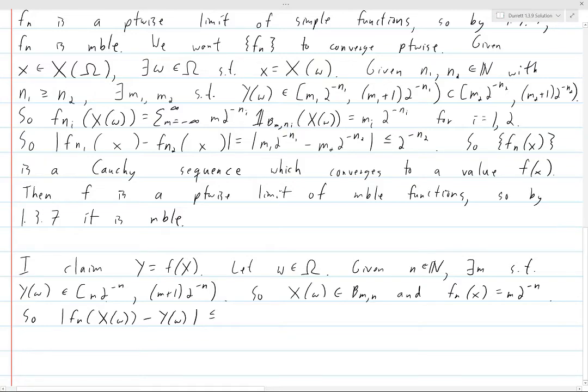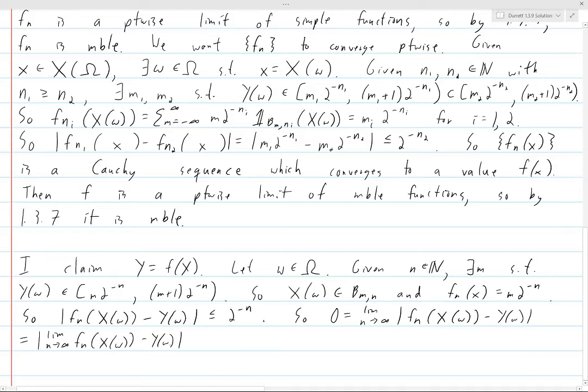So, what this tells us is that 0 is the limit as n goes to infinity of the absolute value of fn of X of omega minus y of omega, and we can bring this limit inside the absolute value signs. Of course we know what this limit of the fn's is. This is just f of X of omega, this is what we just proved, minus y of omega.